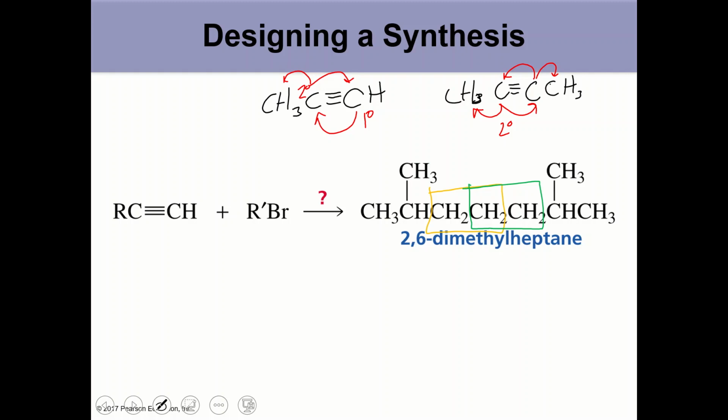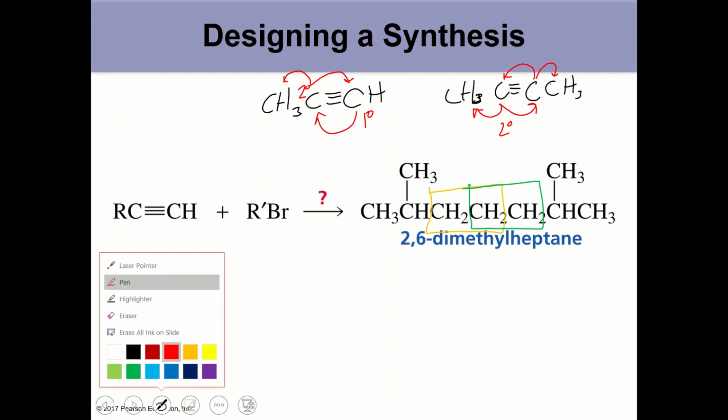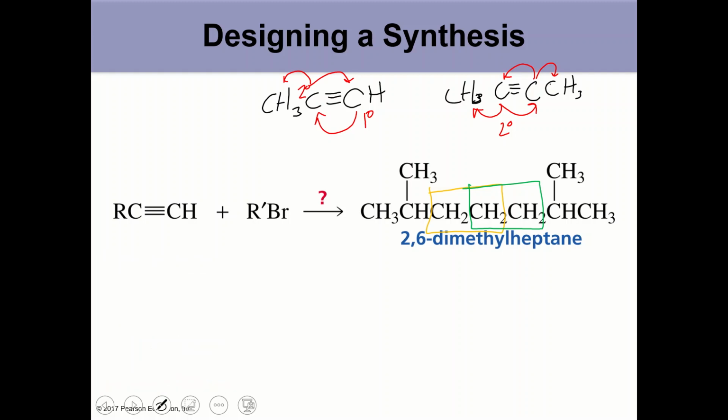That means that in your final product, you have to pick carbons which are primary or secondary for the position of the triple bond. So we can rule out the possibility that the tertiary carbon could be part of the triple bond.